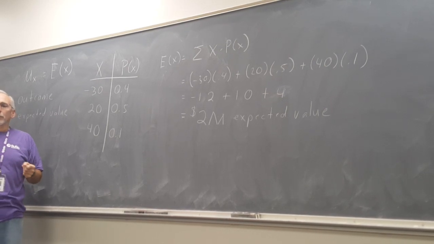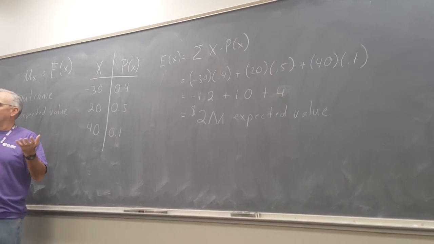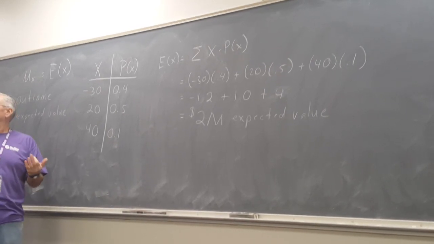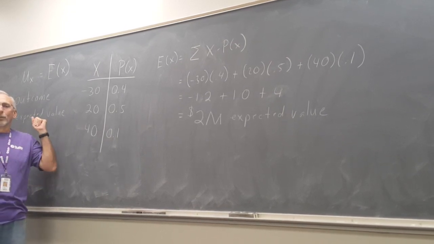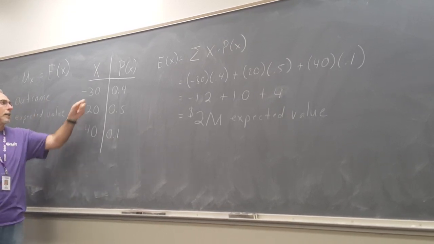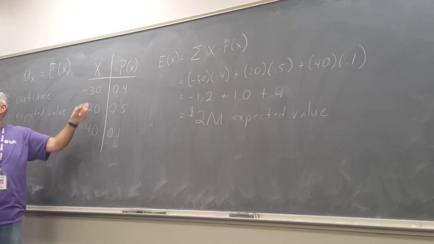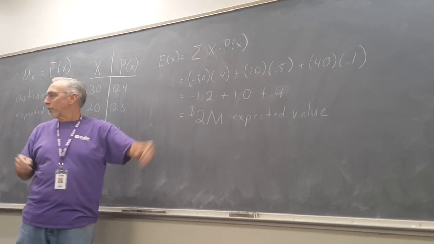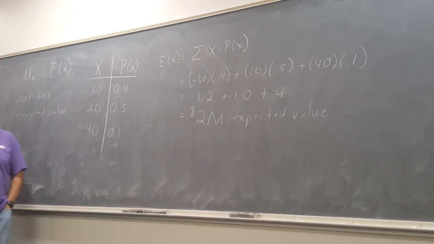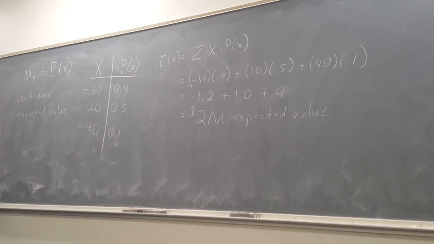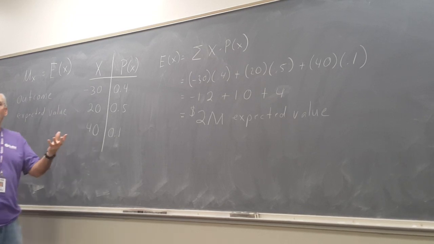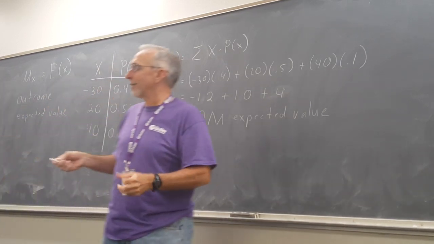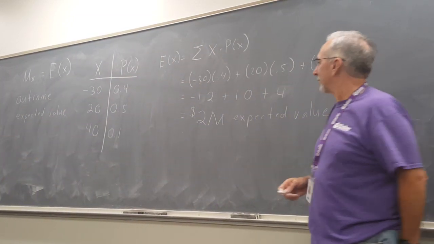The next time I lost again. I'm now deep in the hole, and I haven't made a penny yet. Let's say I do it 3 times in a row. Then I turn around and start making money. But in the long run, if I kept doing this over and over, I would end up with $2 million. That's how the casinos get you. You win the first time, you think, this is great, then you lose it all, then you want to gain it back.